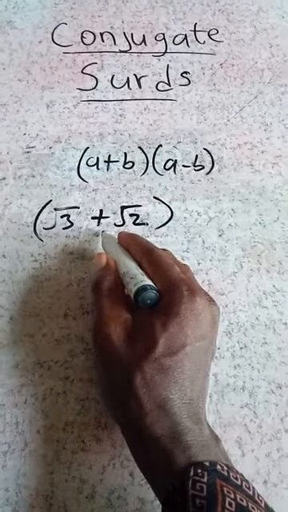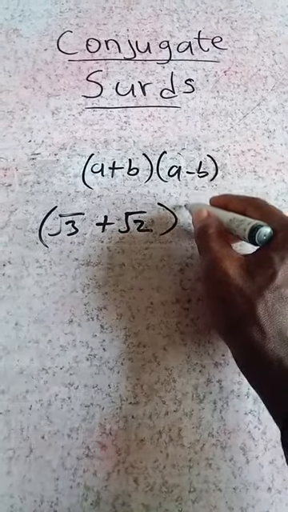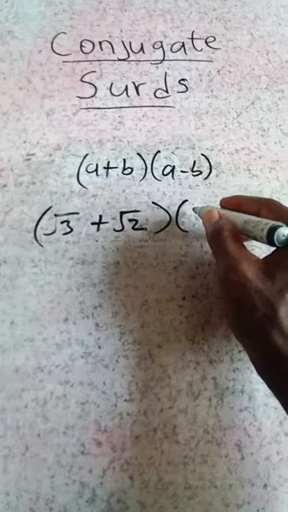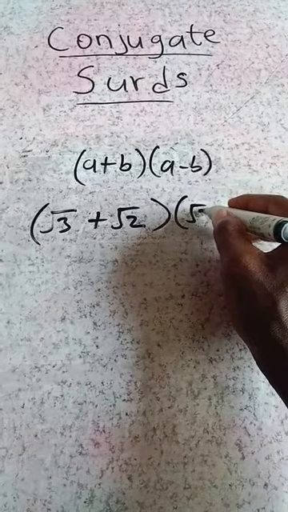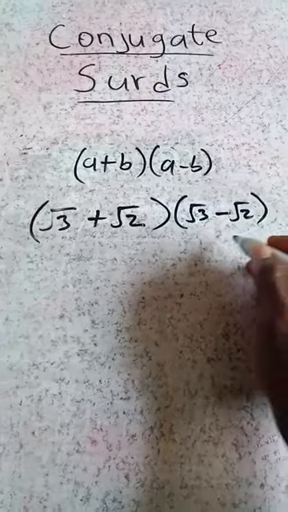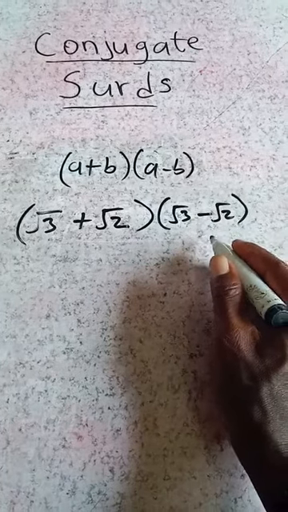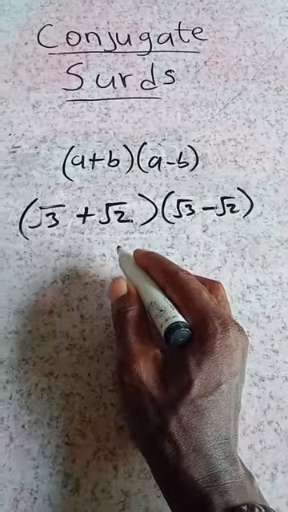The first bracket is separated by a plus sign, so the second bracket will be separated by what? A negative sign. That is, we have root 3 minus root 2.